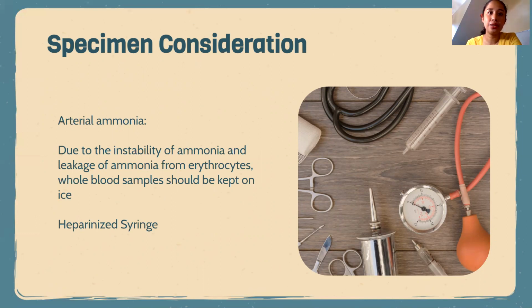So, we could get here in the radial artery, pwede dito sa brachial artery, pwede sa inguinal artery. So, if you cannot assess the arterial ammonia as soon as possible, keep it under ice.